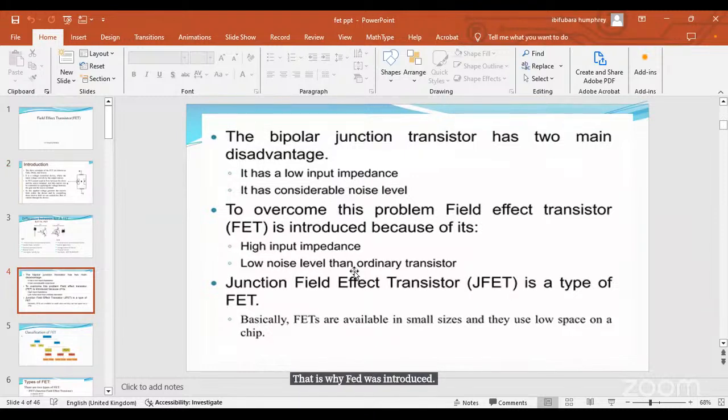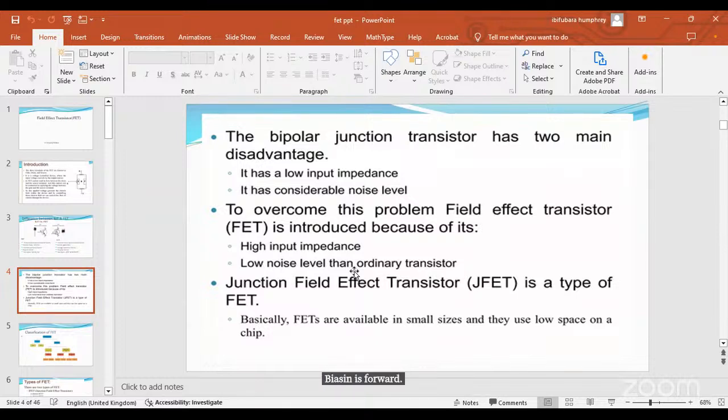So FET has high input impedance. Why is it high input impedance? Because this time it is voltage that is controlling, and the voltage is reverse bias. At the input, the voltage is always reverse bias, unlike the BJT where at the input, the biasing is forward.